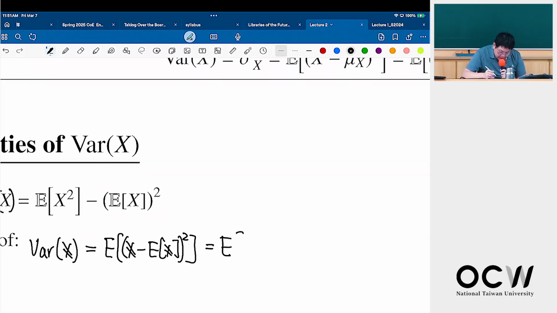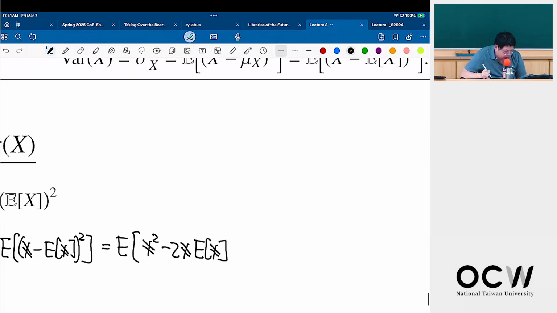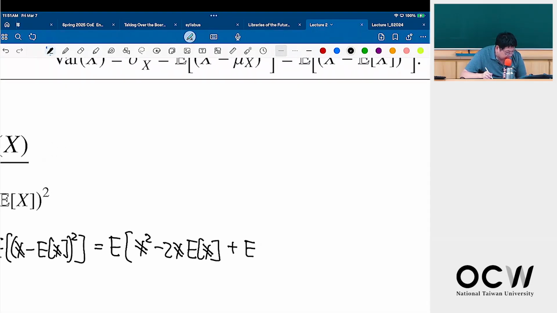If I expand the perfect square, I have x squared minus 2x times the mean plus the mean squared.